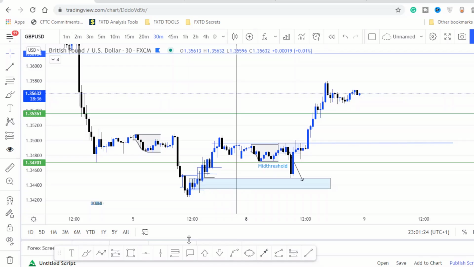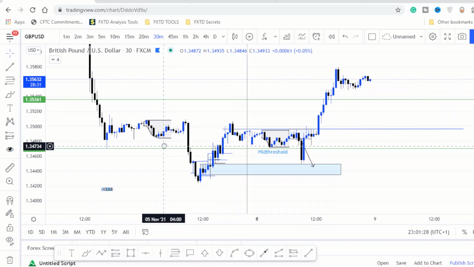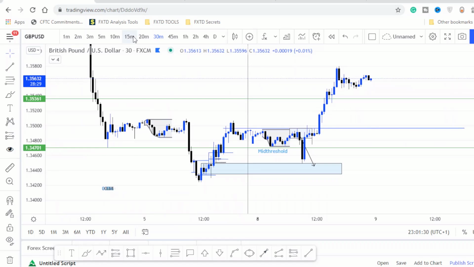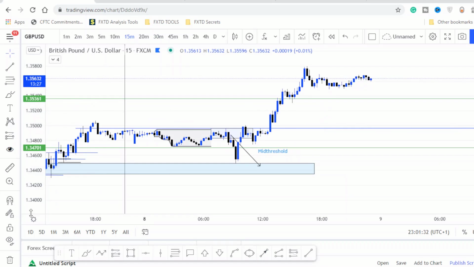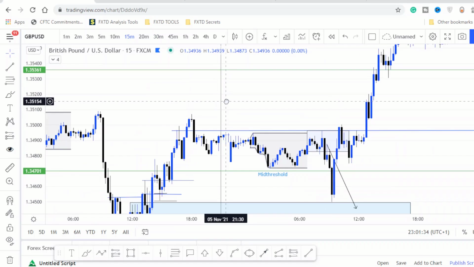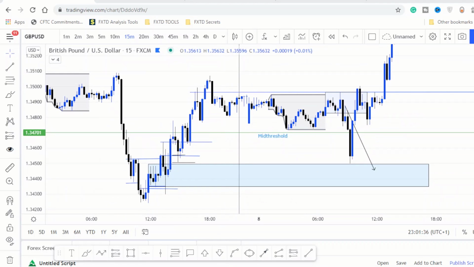Now let's go to the 15 minutes so we can see it clearly. On the 15 minutes, they did take liquidity. Emphatically yes, it took out liquidity, and we can see here that we've mapped that area as our order block.